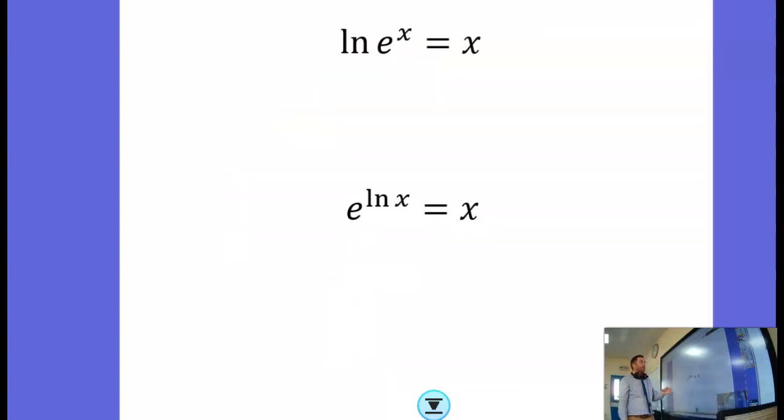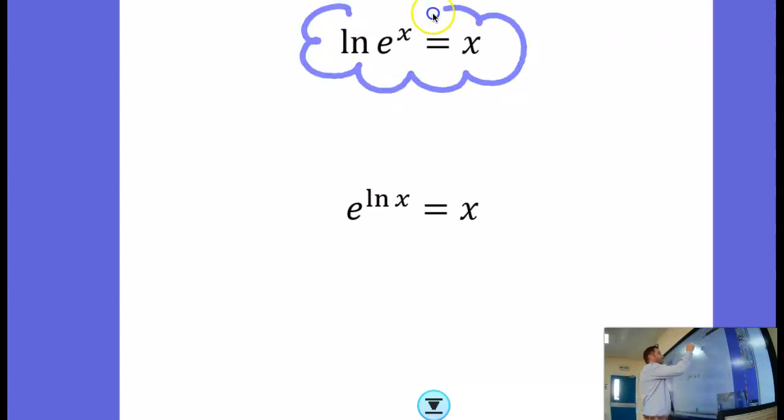Here are the 2 very important facts we should note. Make a note of this. If you're just watching this passively, get a pen or pencil out. You're going to need paper though. Anytime that we've got ln e to the power of x, if I'm finding the natural logarithm of e to the power of x, well, I'm finding what x equals.